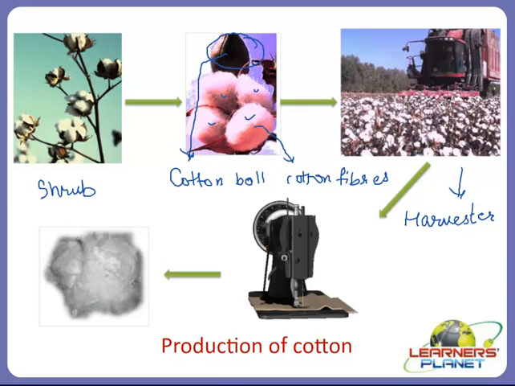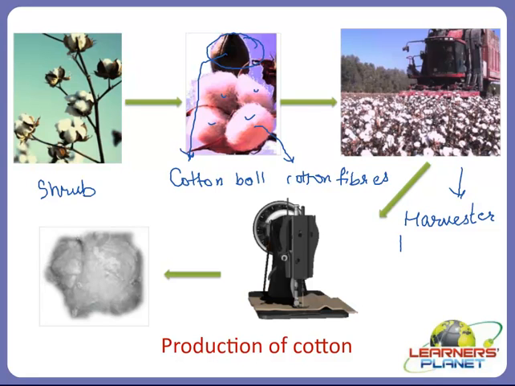Yes, when the cotton matures. When it matures, it will expose the raw cotton fibers, and after that it will be dried by the heat of the sun. And whenever they are dried, or we can say after the fibers have dried, the crop is harvested by the harvester.